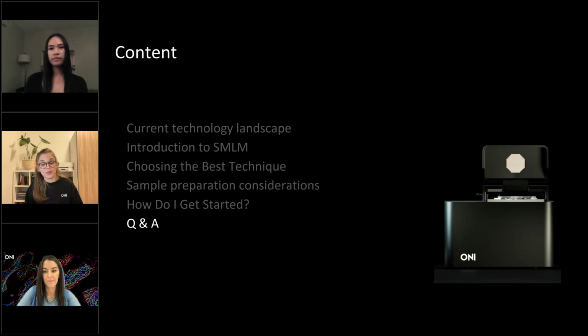So here the question would be to use PALM for live, but you can as well use STORM if you have fixed cells or a fixed sample. In general, there is no limitation in terms of source, but it needs a bit of optimizing on the sample preparation side. But I think more important is the question of whether your tissue or your cells are live or fixed. Then yes, you would have to choose a little bit what is the best technique.